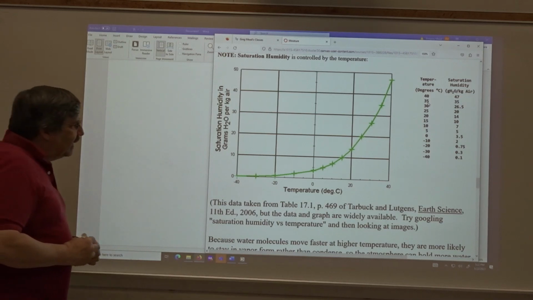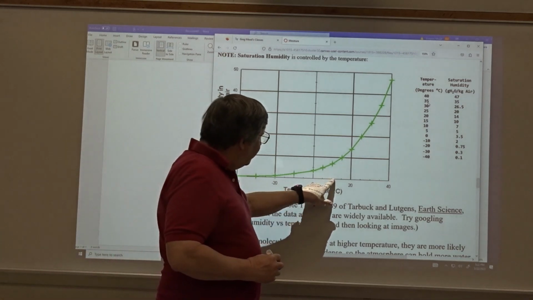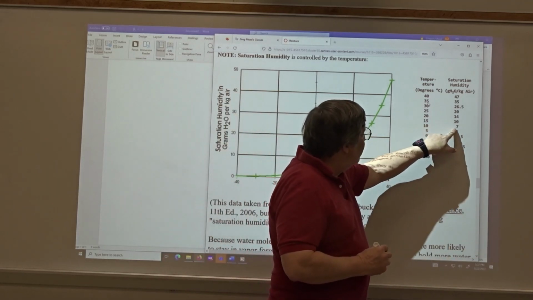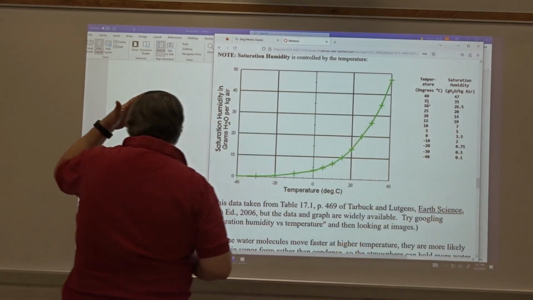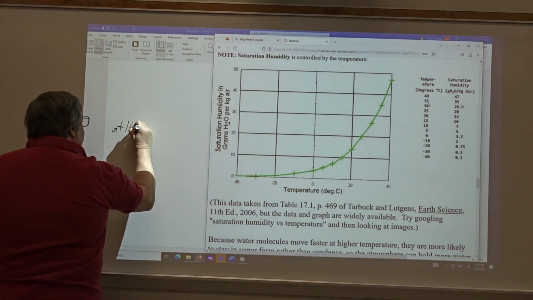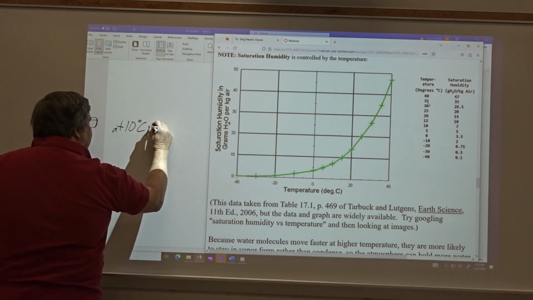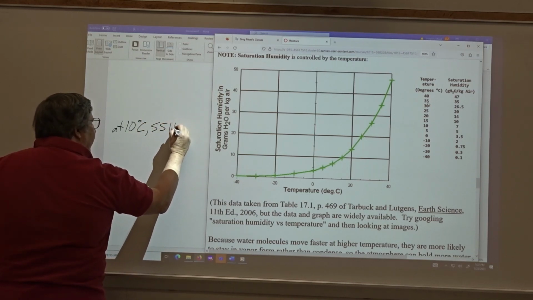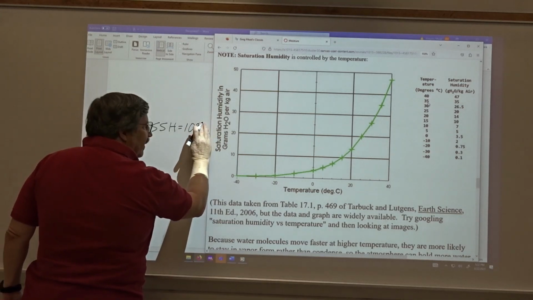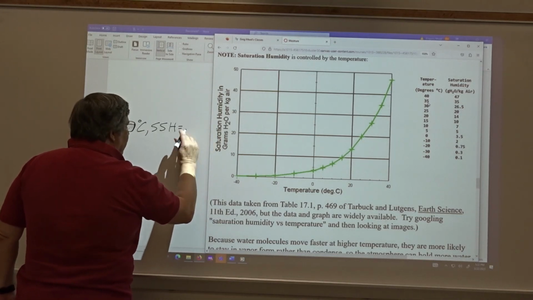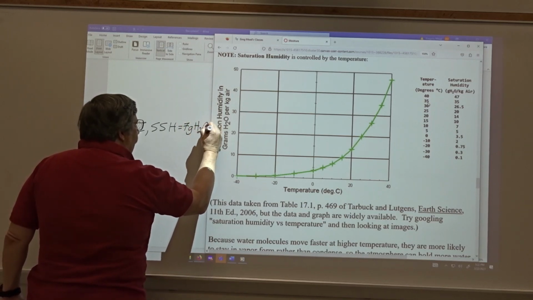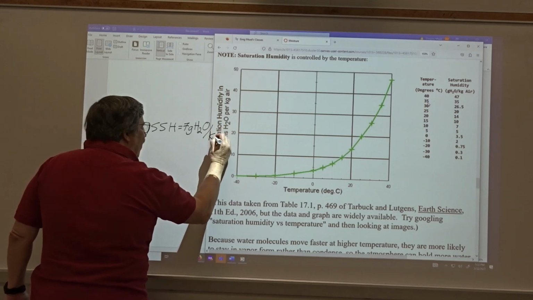So at 10 degrees Celsius, the saturation specific humidity is 7 grams of water per kilogram of air.